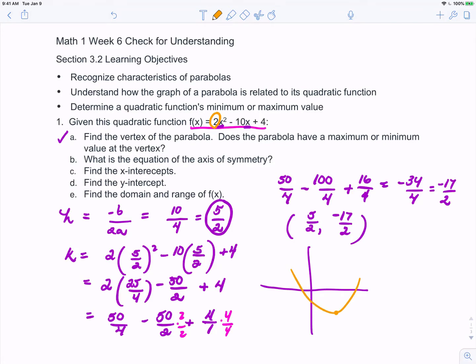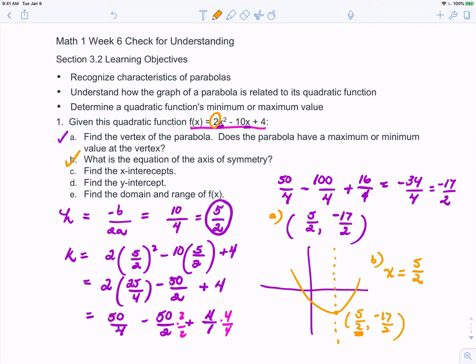The axis of symmetry is this vertical line right here, passing through the point 5/2, comma, negative 17/2. So what's the equation of this vertical line? Because it's a vertical line, it's x equals, and what does x equal? 5/2. So the answer for B is x is equal to 5/2.